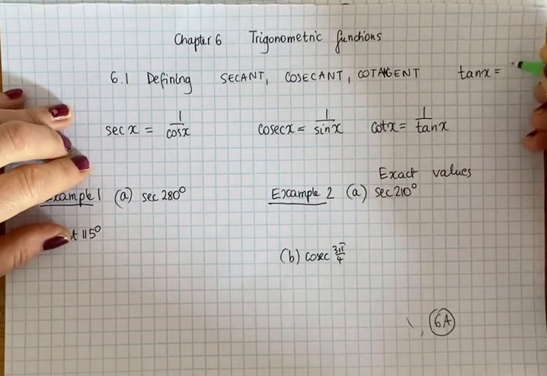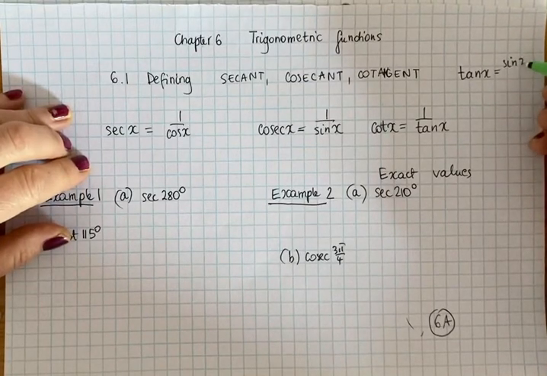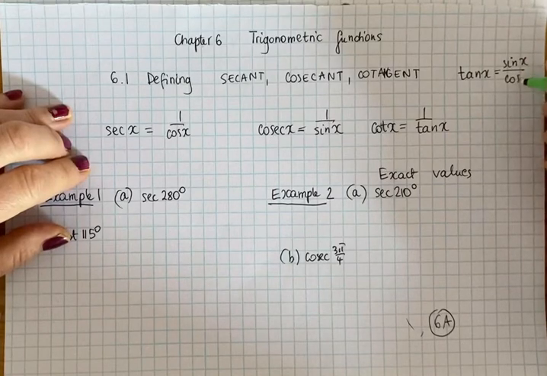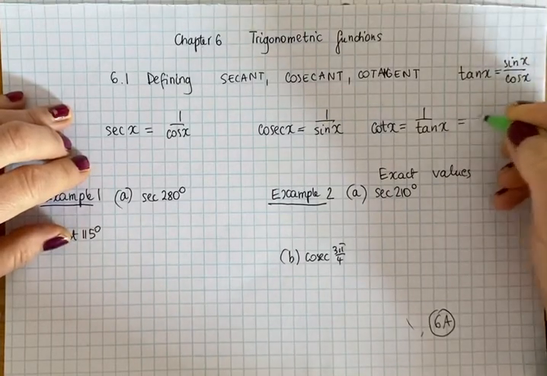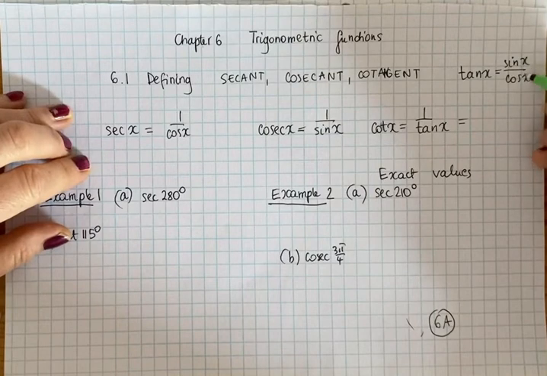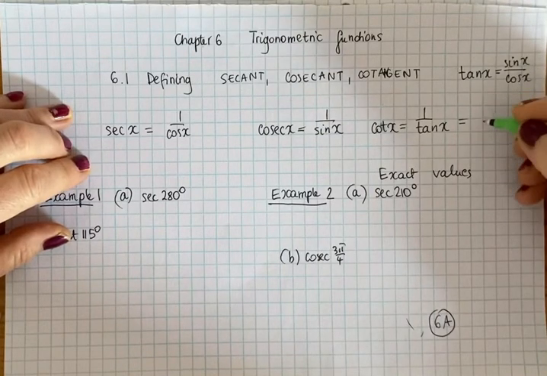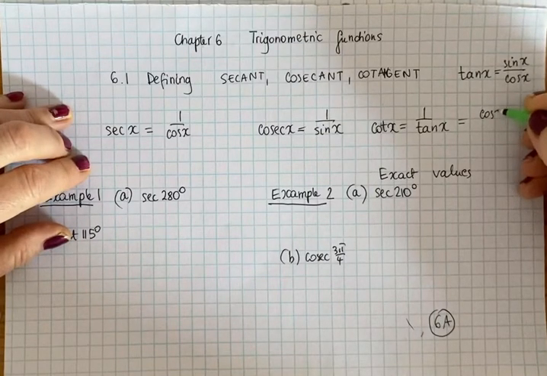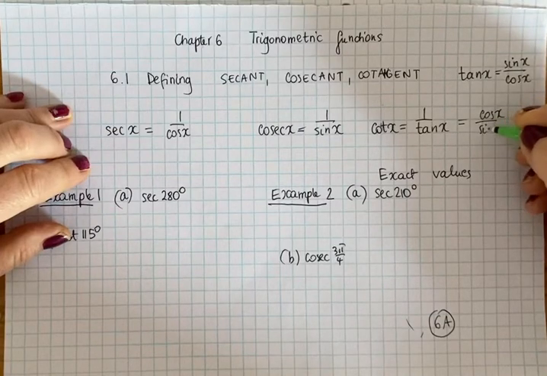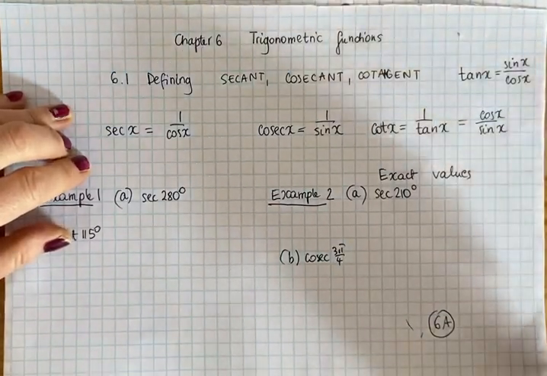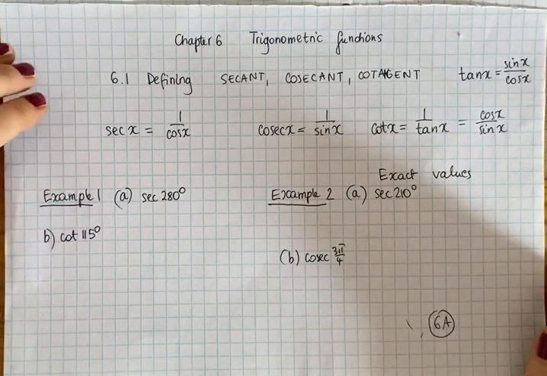Tan x, as you know from before, is sine x over cos x. So if you put 1 over sine x over cos x, you are flipping it. You end up with cos x over sine x. So you need to have two definitions of cot x.